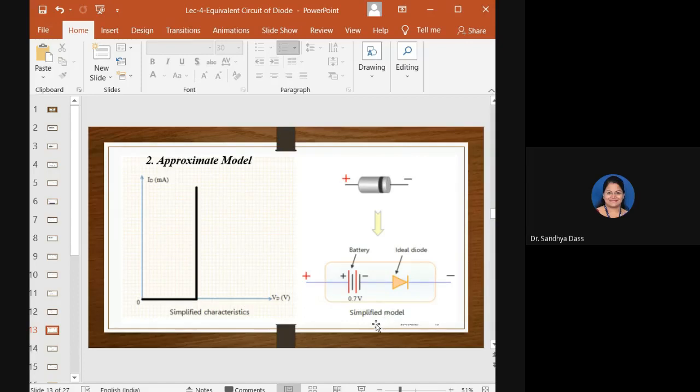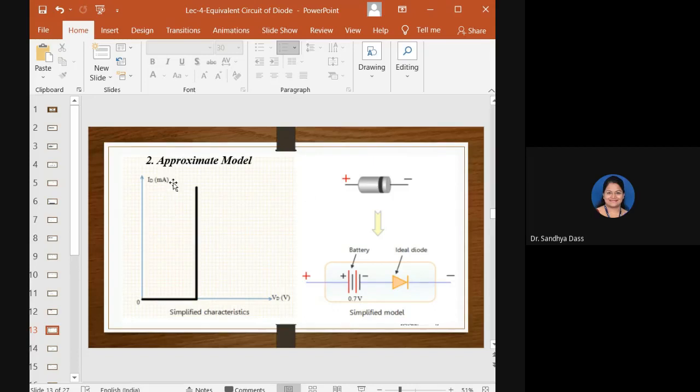The battery simply indicates that it opposes the flow of current in the forward direction until 0.7. I hope you are getting me. Only when the applied voltage is larger than 0.7 can the current flow. Only then will the diode be forward biased, start conducting, or be shorted, acting as a closed switch. I hope you're with me.